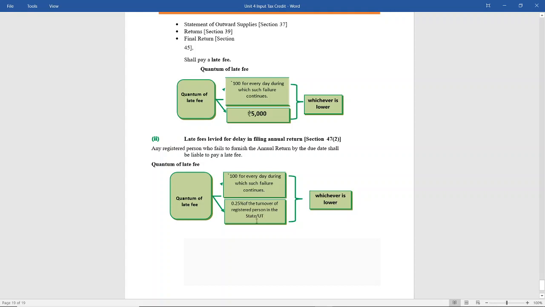So depending on that state or union territory, whatever is the turnover, that percentage of it will be taken as a late fee, or 100 every day during which failure continues, whichever is lower. So remember, this 100 per day will be calculated from the day after the due date up to the date that you're filing the return.